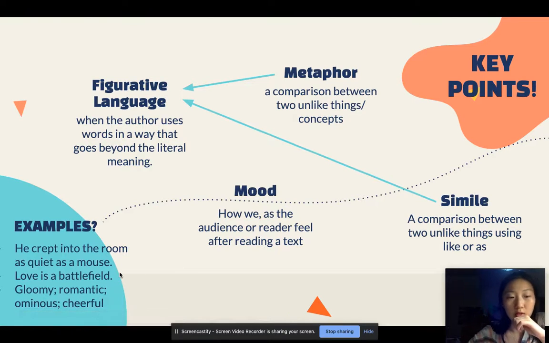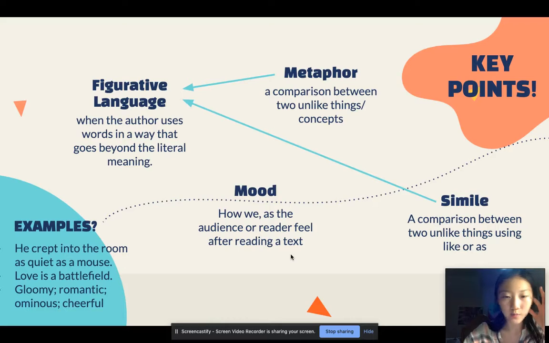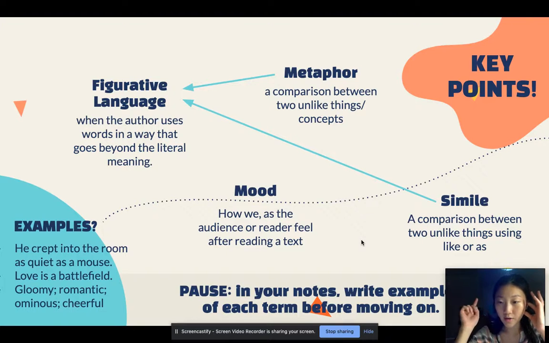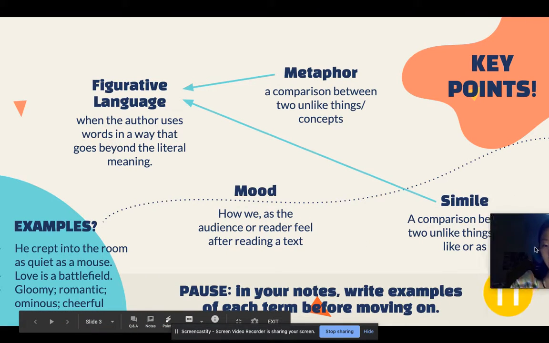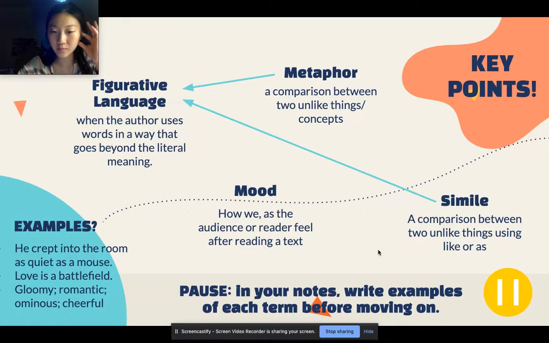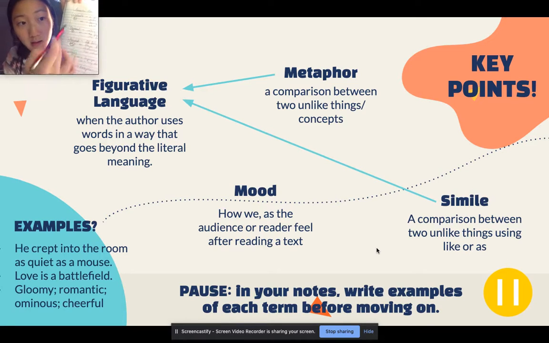So these are feelings that you as the reader feel after reading a text. All right, go ahead and pause the video if you still need to copy anything down or add any details. I'm going to move on. In your notes, write your own example of each of these words. Pause and write some examples off to the side. Hopefully you have some room like I do on the side. You can write examples in this space.